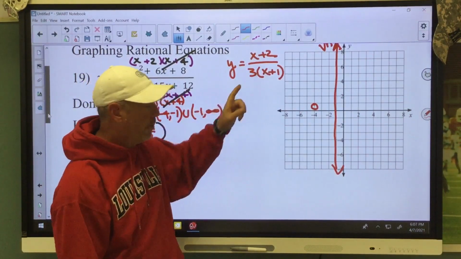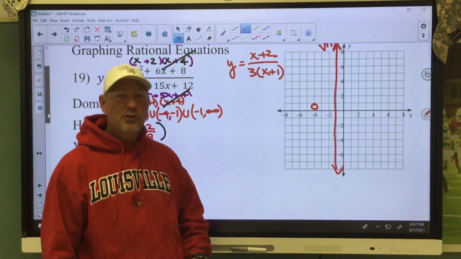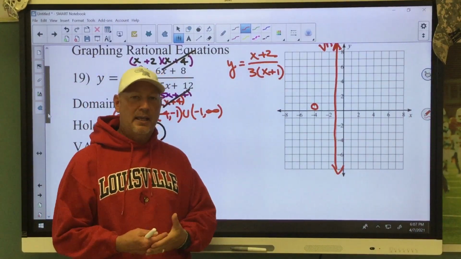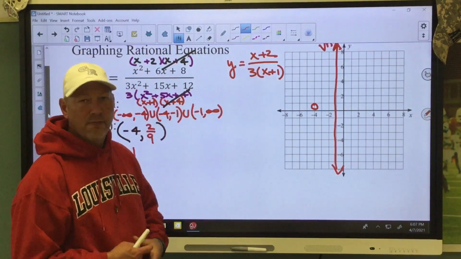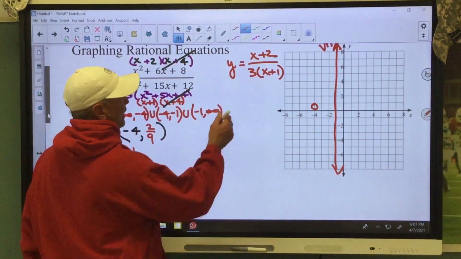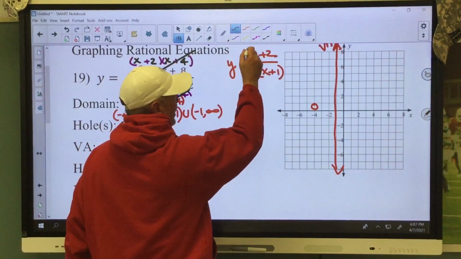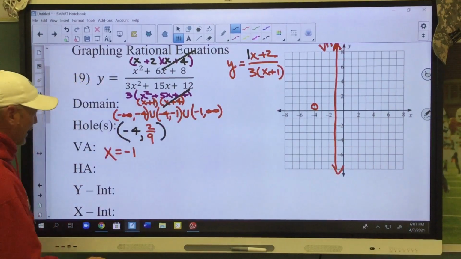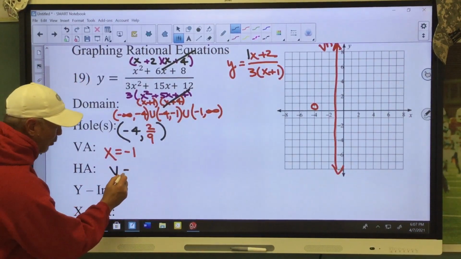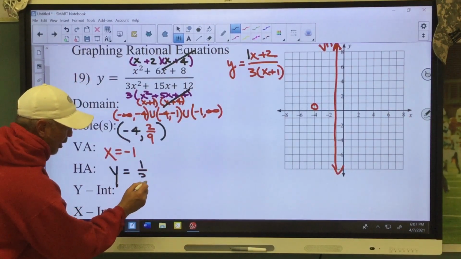The exponent on the bottom variable is 1. So the exponents are the same. That's an eats DC, so we divide the front coefficients. There is an invisible 1 sitting right here. When we divide our coefficients, y equals 1/3.